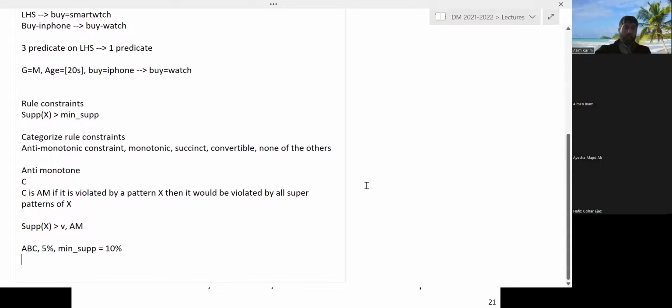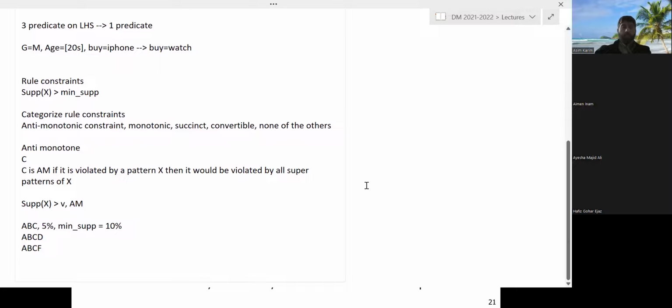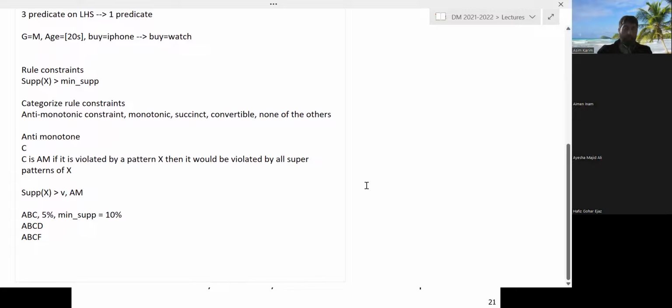So then, of course, for sure, A, B, C, D would also violate, and A, B, C, F would also violate, and so on. Okay? So such constraints are called anti-monotone constraint. And of course, support is the most common example for this. So what about some other examples?